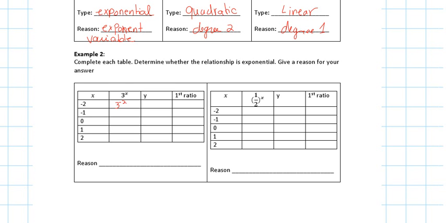3 to the power of negative 2? Yes, 1 over 9, which is about 0.1. Why is it 1 over 9? We know this.